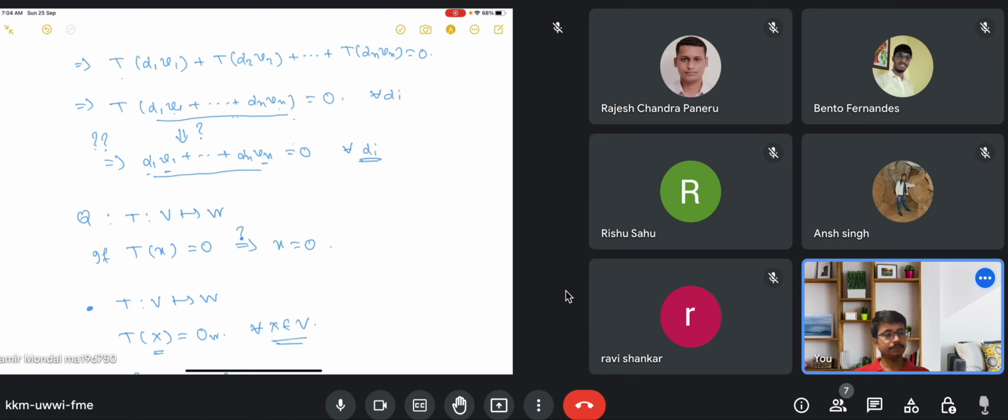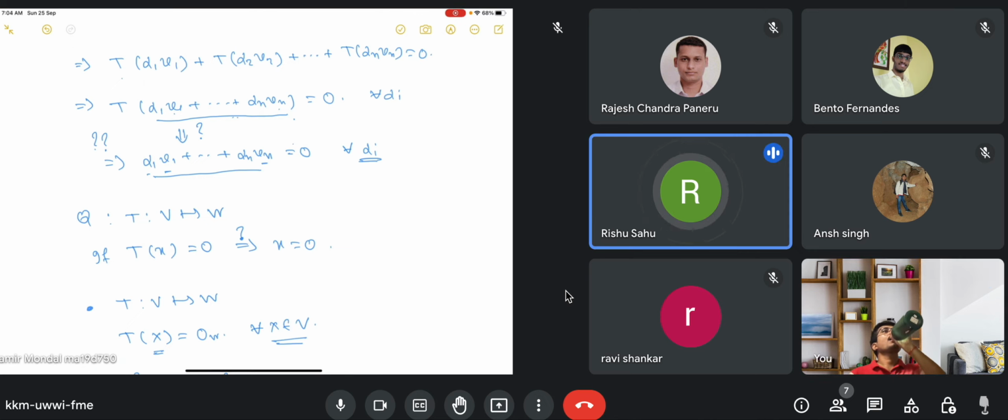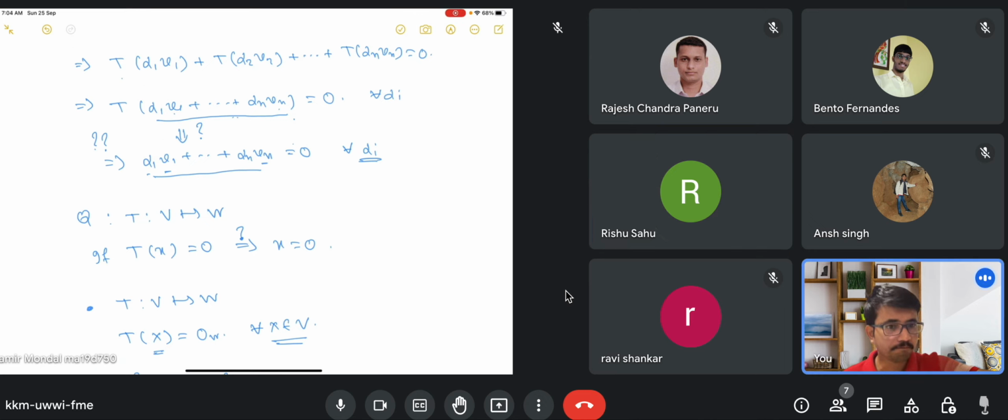Please tell me, what is your guess? If we take the condition that if T of x is equal to 0, then x is equal to 0. Everyone agrees? Yes, sir.